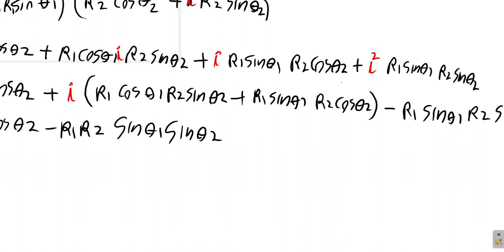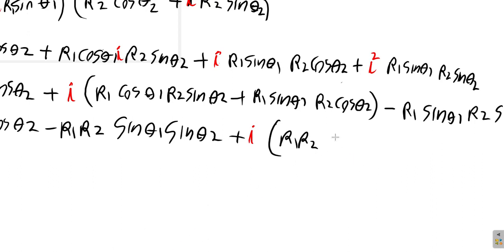Now, after all this, we say plus i, and then in the bracket R1 R2. Let's put the sine first. Alright, let's continue as it is, because we can put the thetas in the same order.